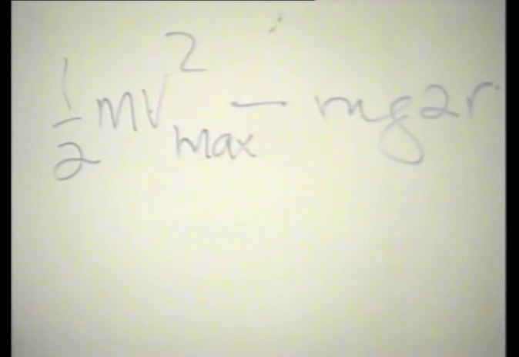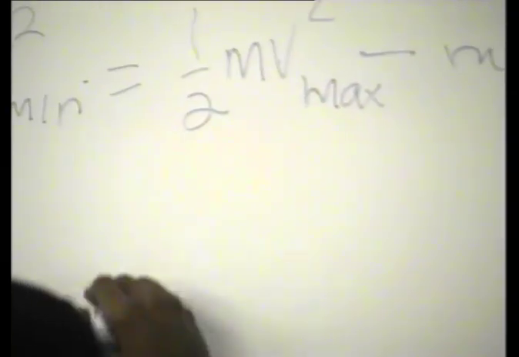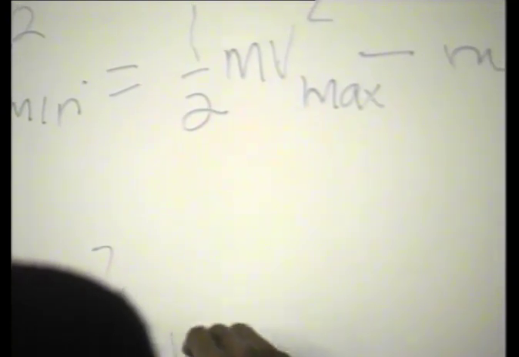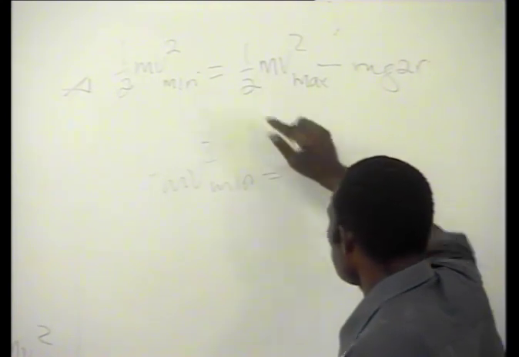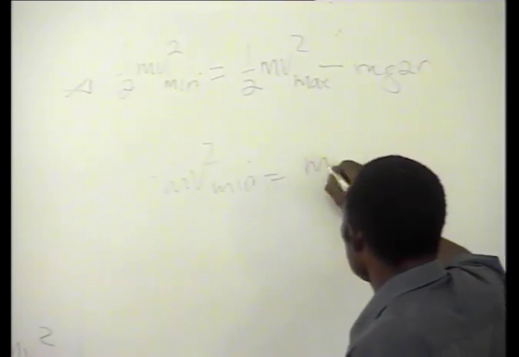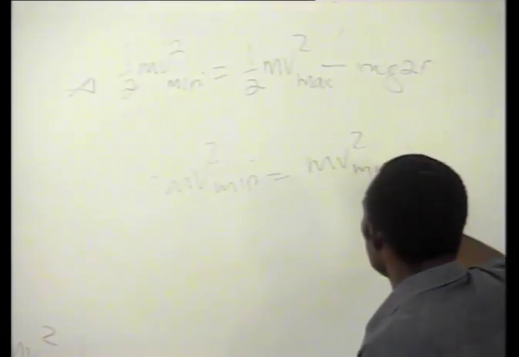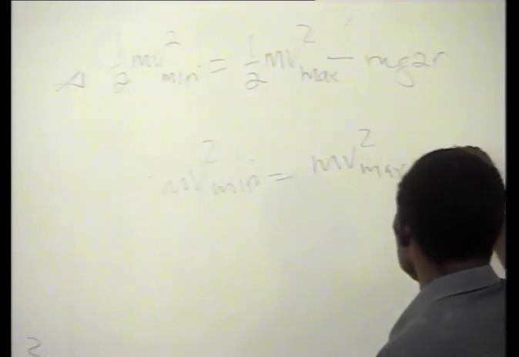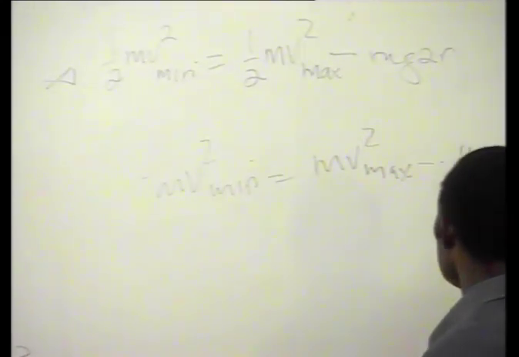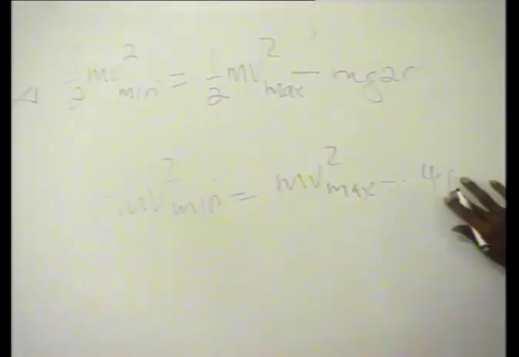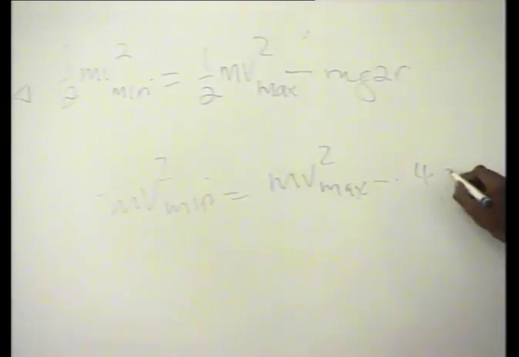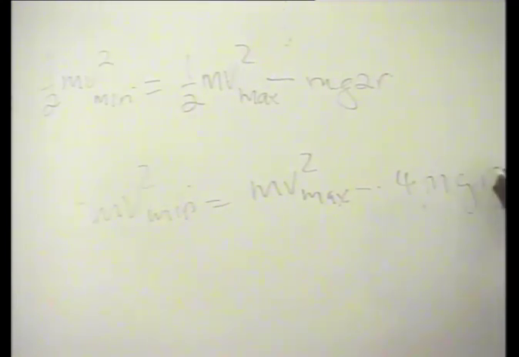Now if you were to find this, it will be half m v square minimum equals to, we bring this one over here, it will cancel, that is half m v square max, and then minus 4 m g r.